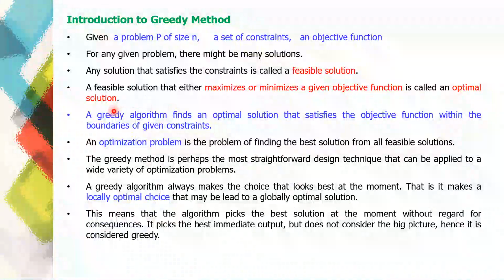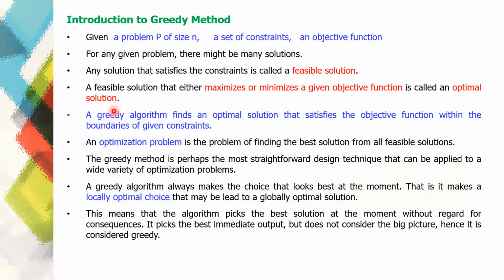Now, a real life example: I want to travel from my home to college. That's the given problem. The constraint may be time. I want to reach from home to college within 1 hour, so the traveling time of 60 minutes is the constraint.